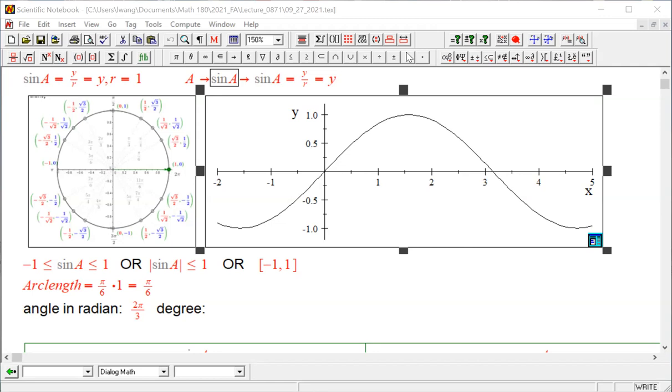Now I'm going to measure an angle from the standard position. I'm going to use the orange color. Okay, so this angle I measure is going to be here. This is where it terminates.